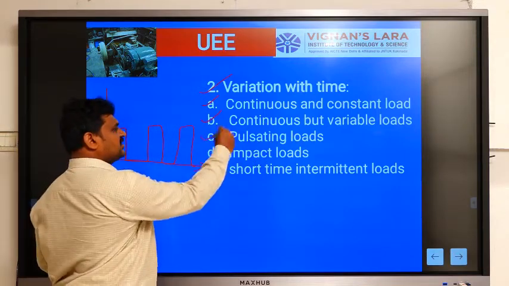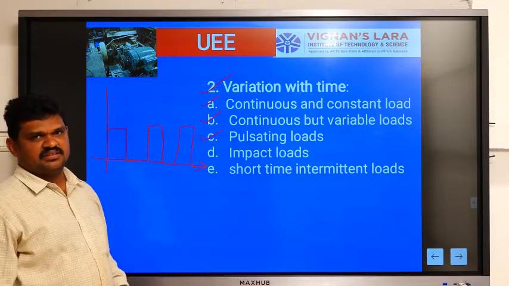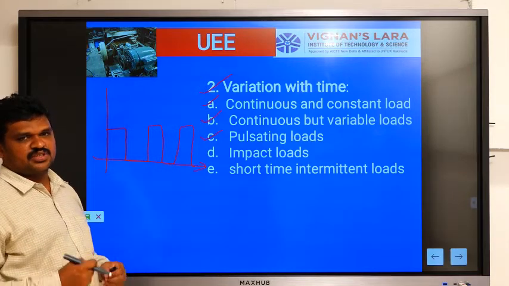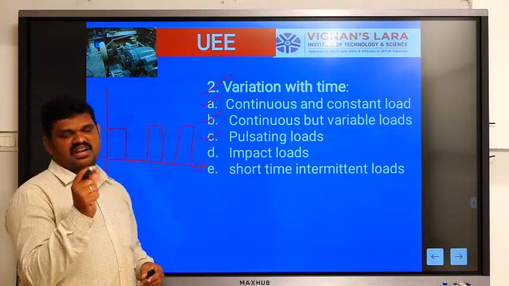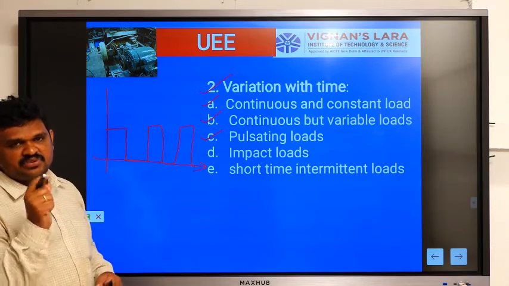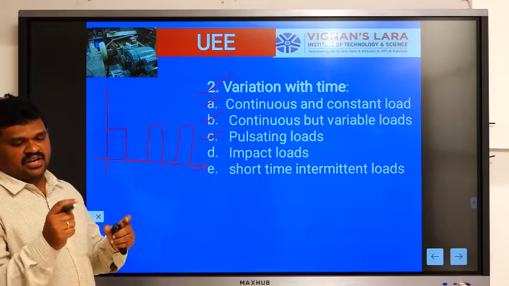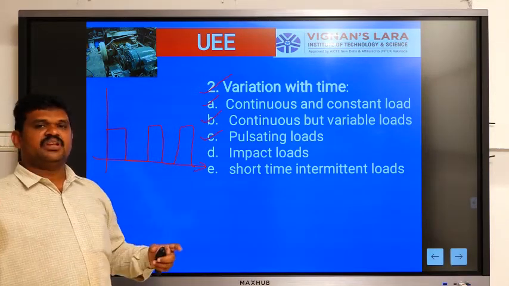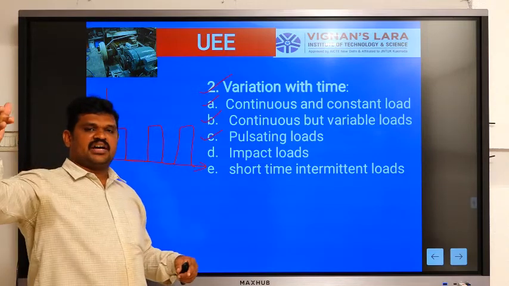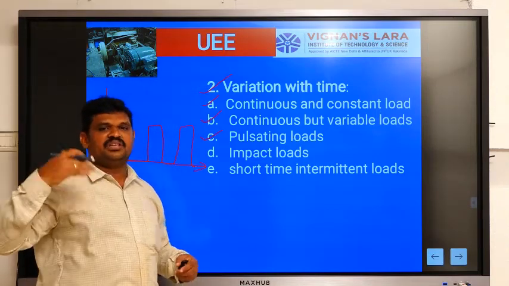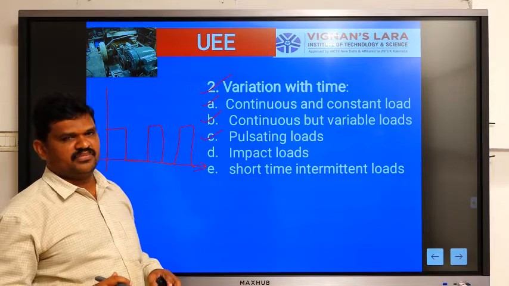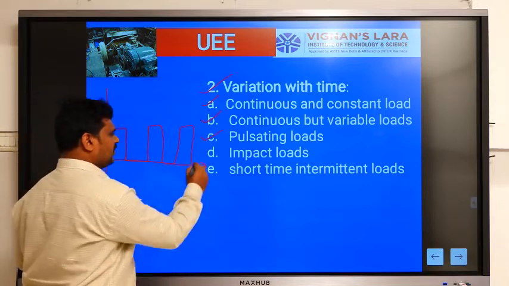The third one is pulsating loads, meaning intermittent, short period loads. At some duration it is loaded or overloaded, the remaining time there is no load, and after a certain period we give some load again. That is called pulsating.